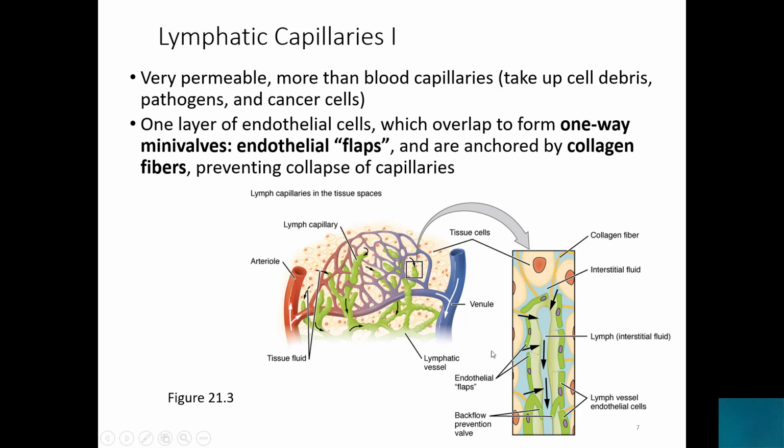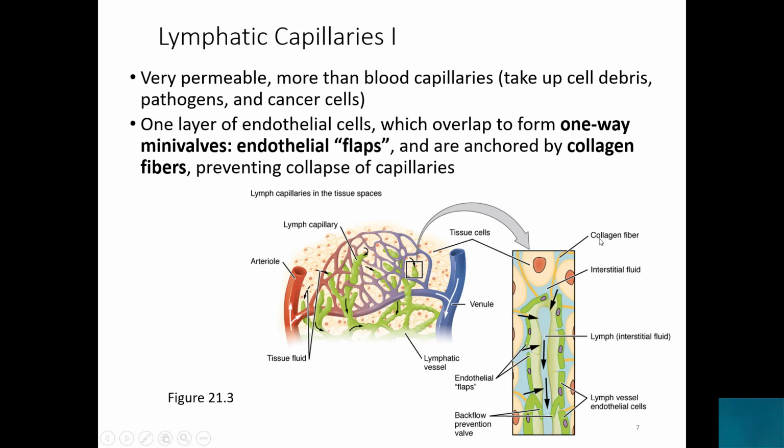So one-way mini valves. And collagen fibers attaching those lymphatic capillary wall cells, they create a negative pressure inside that actually sucks that fluid out of the interstitial space into the lymphatic capillaries.